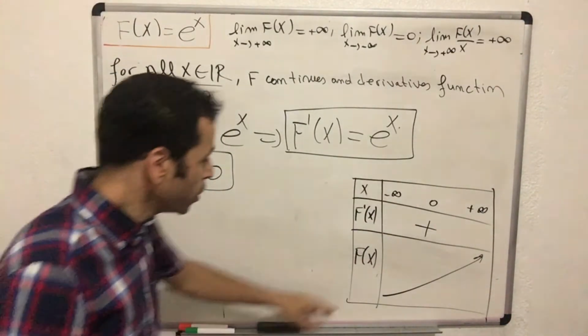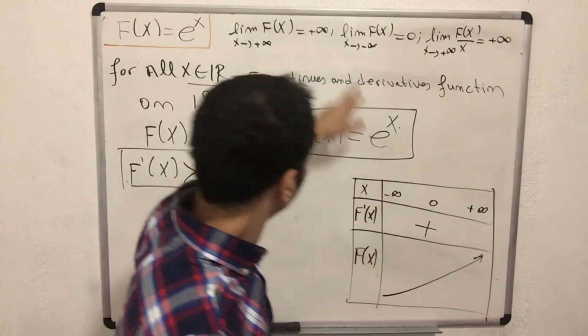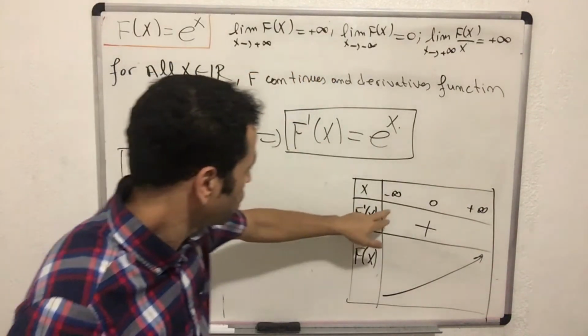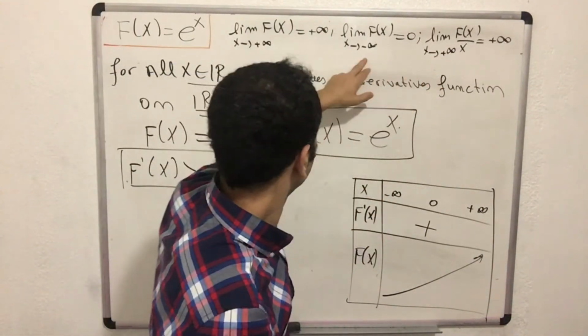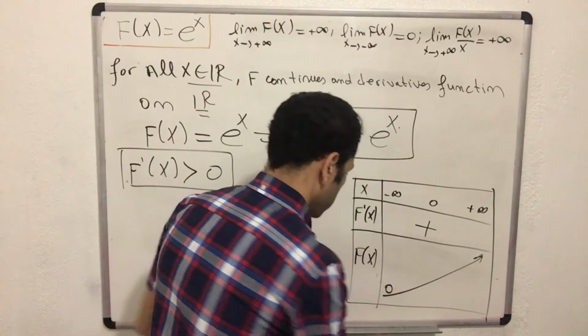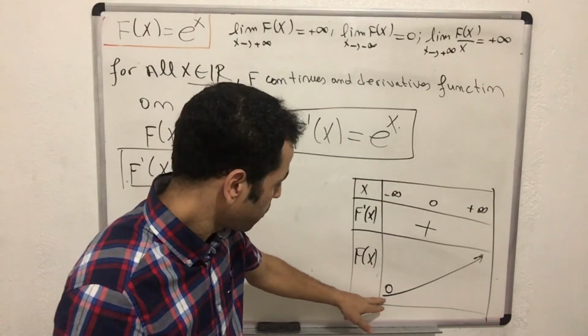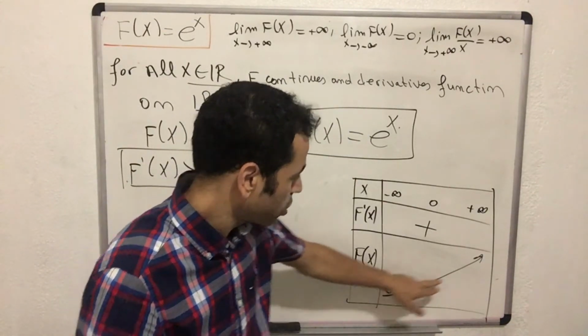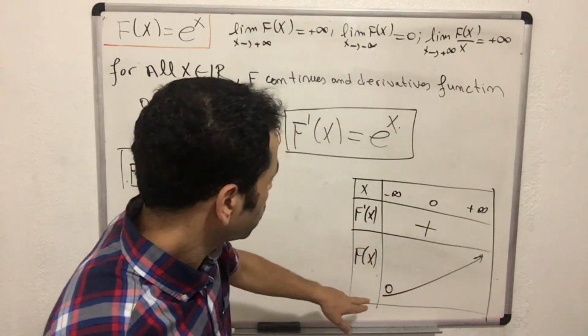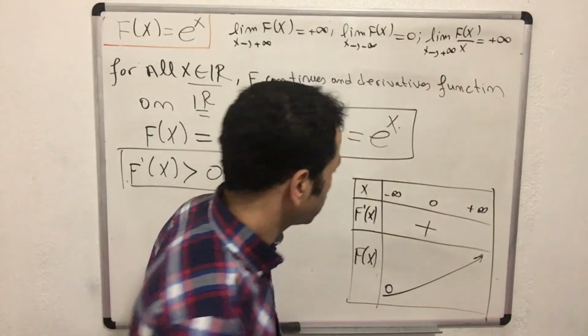Now what's left? The limits. We already calculated the limit at minus infinity, which is 0. So the function starts coming from 0 and going up. At plus infinity, the limit is plus infinity.